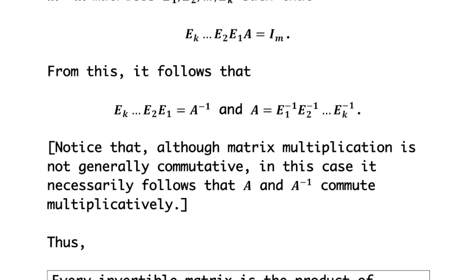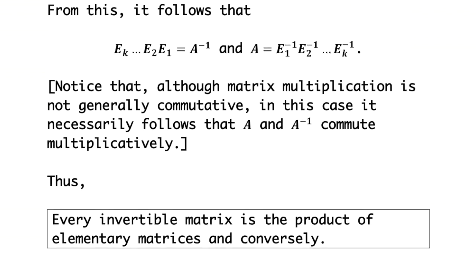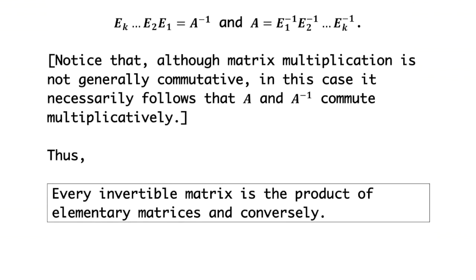This shows that although matrix multiplication is not generally commutative, in this case it necessarily follows that A and A inverse commute multiplicatively. Now we can take all the information that we gathered above and finally draw this conclusion. Every invertible matrix is the product of elementary matrices, and conversely.